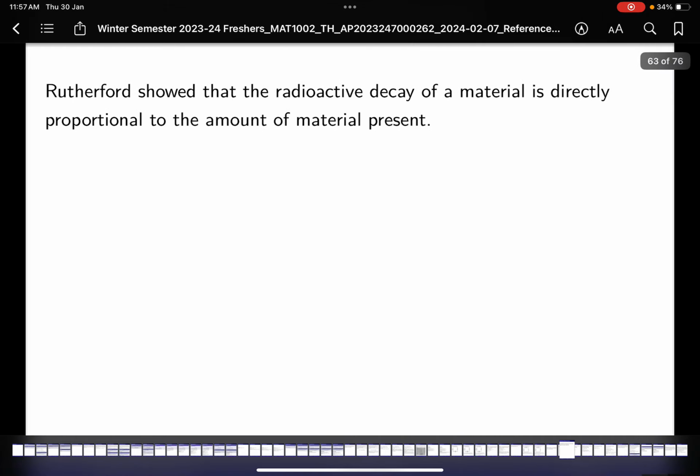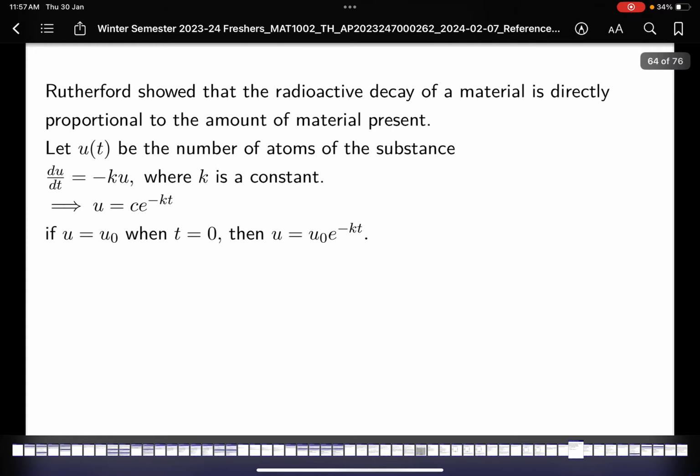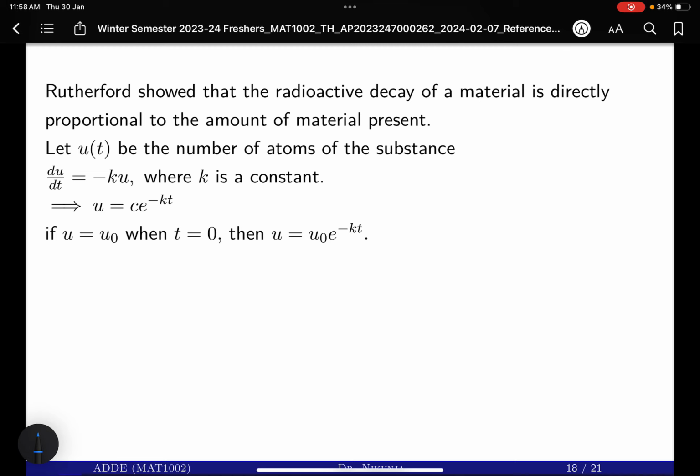Now another application: radioactive decay. Rutherford showed that the radioactive decay of a material is directly proportional to the amount of material present. This is the decay equation: du/dt is directly proportional to u.